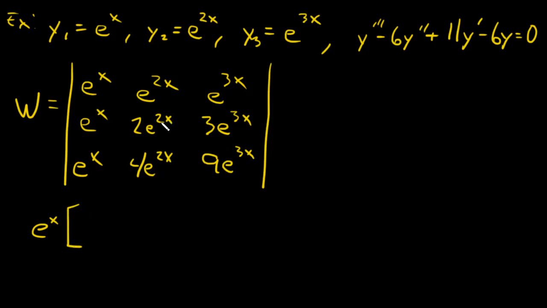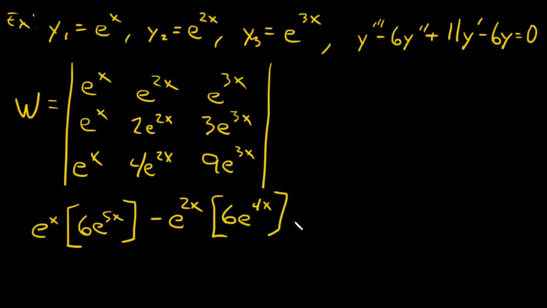Well, I'm going to wind up with 5x as my exponent. 18 minus 12 is going to be 6e to the 5x minus e to the 2x times, again, now I'm going to have 4x for my exponent, 9 minus 3, 6e to the 4x plus e to the 3x times, so 3x is going to be the exponent, so 4 minus 2, 2e to the 3x.